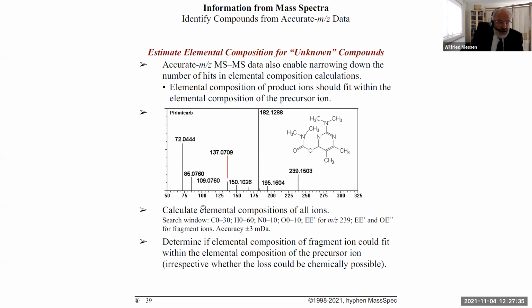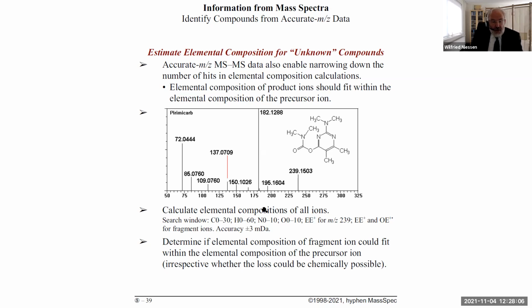So what I do is I start calculating elemental composition for all the ions. That is for the 239, which is the precursor ion, I only assume even electron ions. For the others, I calculate both even and odd electron ions. And the spectrum is acquired on an instrument which gives me a mass accuracy of 3 millidalton.